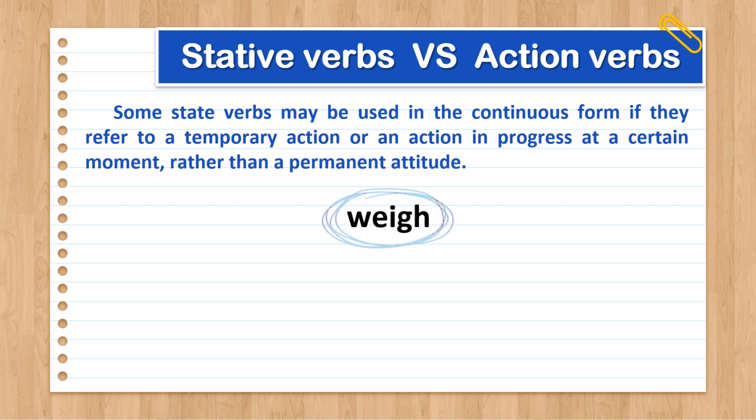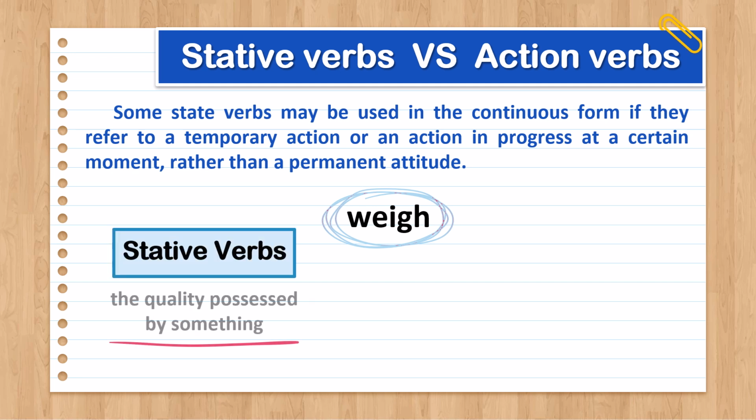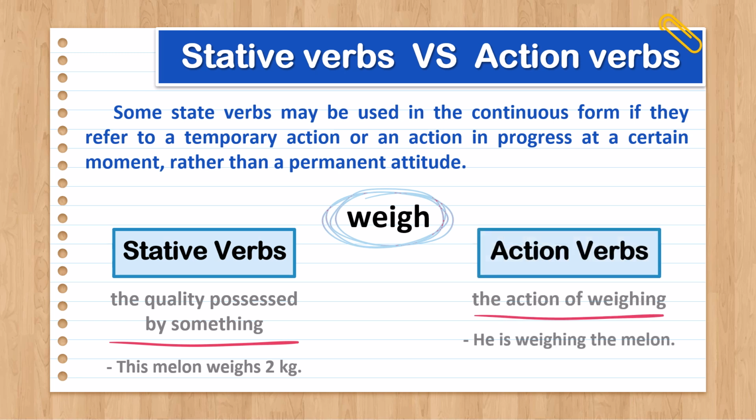Last one, weigh. This melon weighs 2 kilograms. We are describing a quality. It is stative. But if I say he is weighing the melon, this is an action he's doing with his hand. It's an action verb.